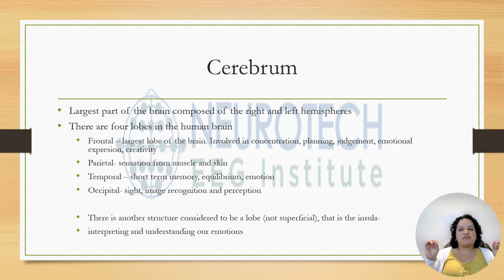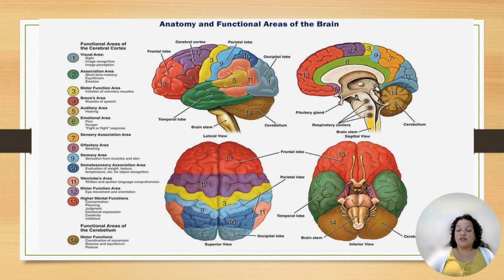And it's just two little islands, and these are going to be related to understanding and interpreting our emotions, the way that we react to things. So this structure is going to be in close relation with the limbic system, which is the one that is in control of our emotions.